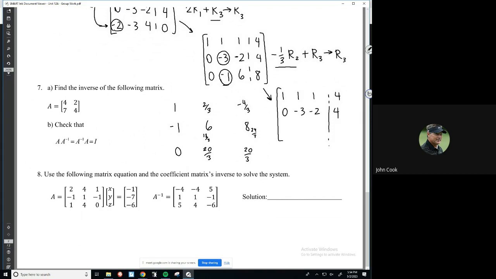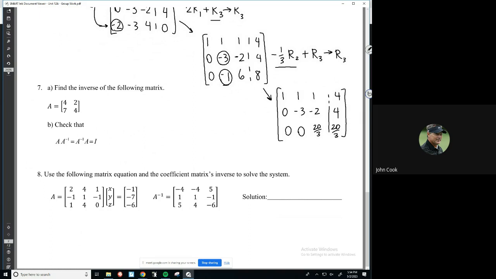And then here's our resulting last row: 0, 0, and then 20/3 and 20/3. Now, you might hate me because of that fraction, but I happen to know a secret. When I put these problems together, they all have really nice answers, like 5 or 6 or whatever. So you'll get really nice answers for your x and your y and your z.